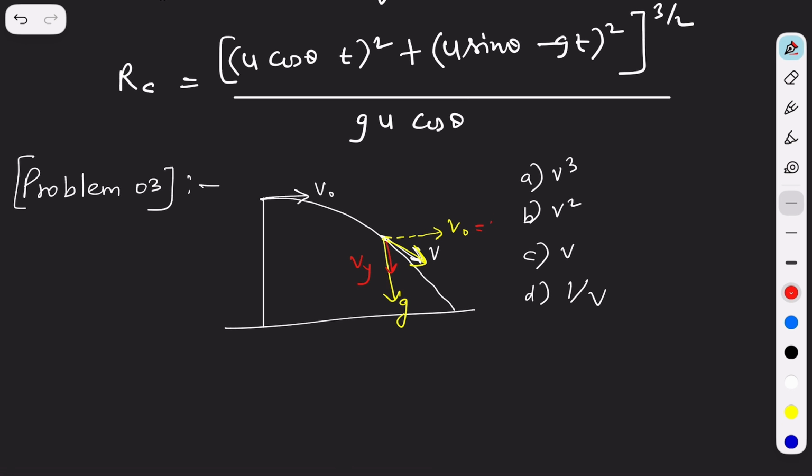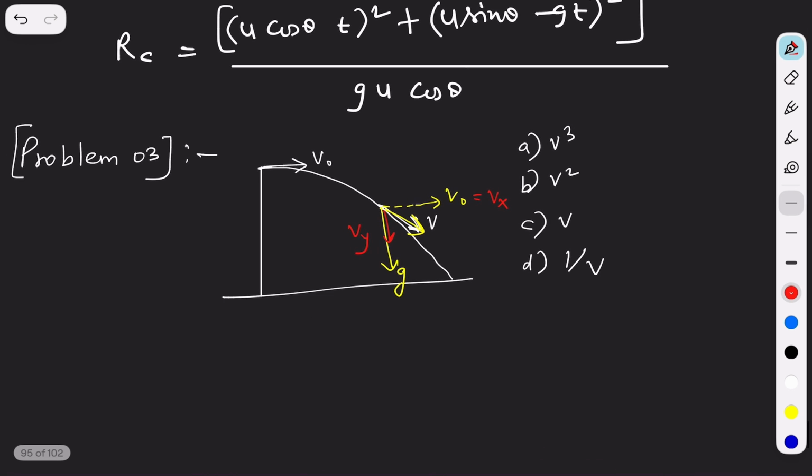If this angle is alpha, then the centripetal acceleration will be perpendicular to v. If this is alpha, this will be pi by 2 minus alpha, so this will of course be alpha. So if this angle is alpha, this will be g cos alpha. I hope you're getting my point.